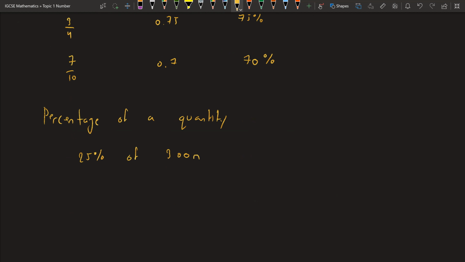So 25% of 300 meter is essentially 25 over 100, and 25 over 100 is equal to 1/4. It's times by 300, so it's 300 divided by 4. 300 divided by 4 is equal to 75 meter. And that's how you find percentage of a quantity.